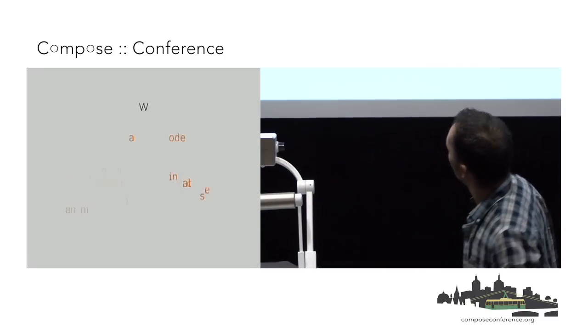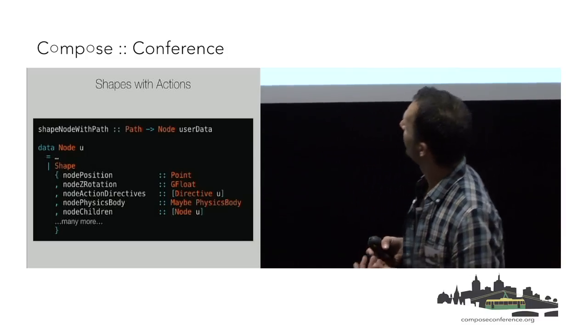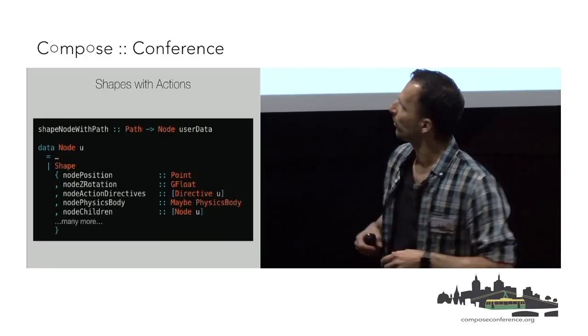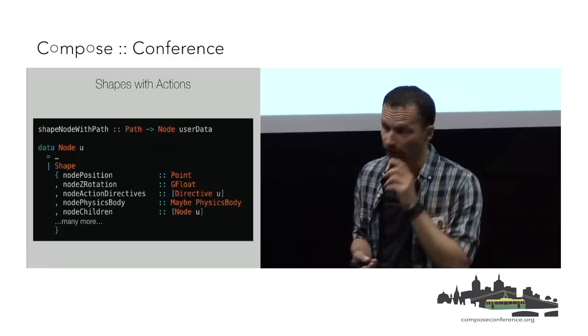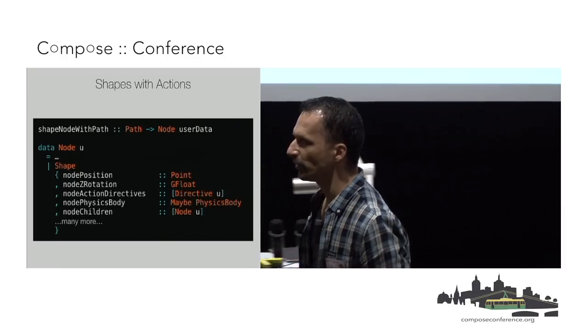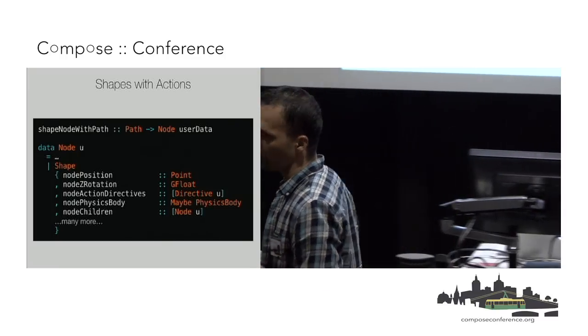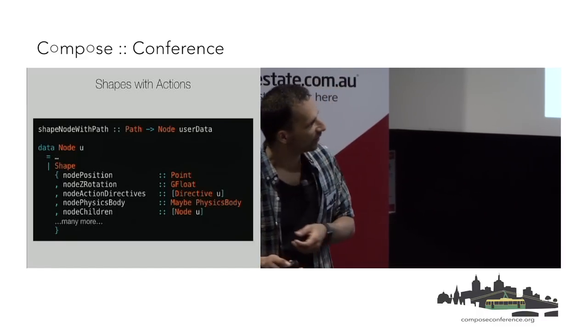To add animation, we need a slightly richer graphics library. So we'll stick with polygons for the moment, and we've got a new function, shape node with path, which given a path returns a node, which is our new substitute for the picture object in the previous setup. And these nodes come with a few interesting attributes.